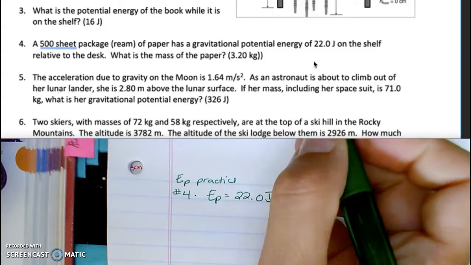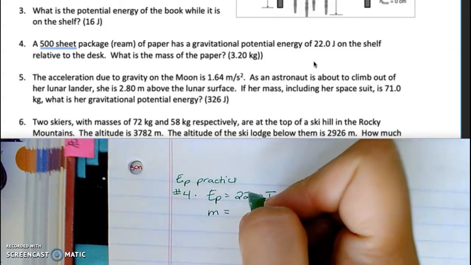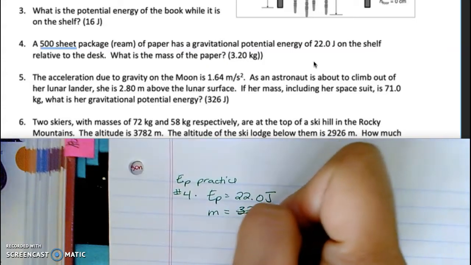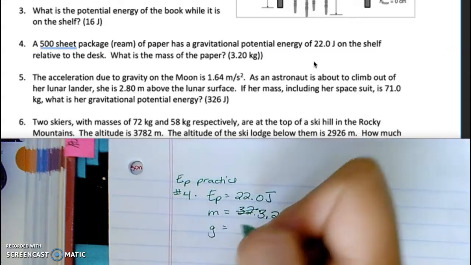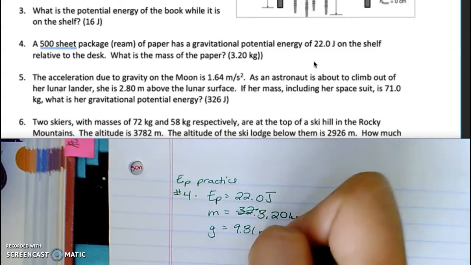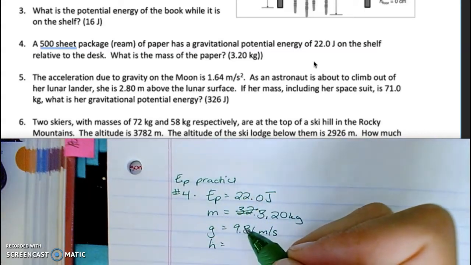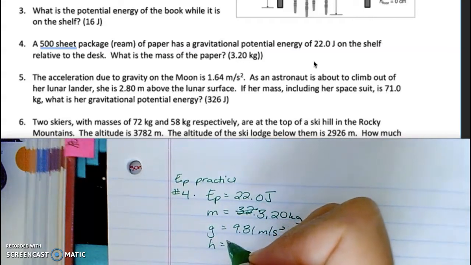Okay, on the shelf relative to the desk, what is the mass of the paper? Oh, did I write it down properly? 3.20 kilograms. Gravity we know. Height. And the height on the where?